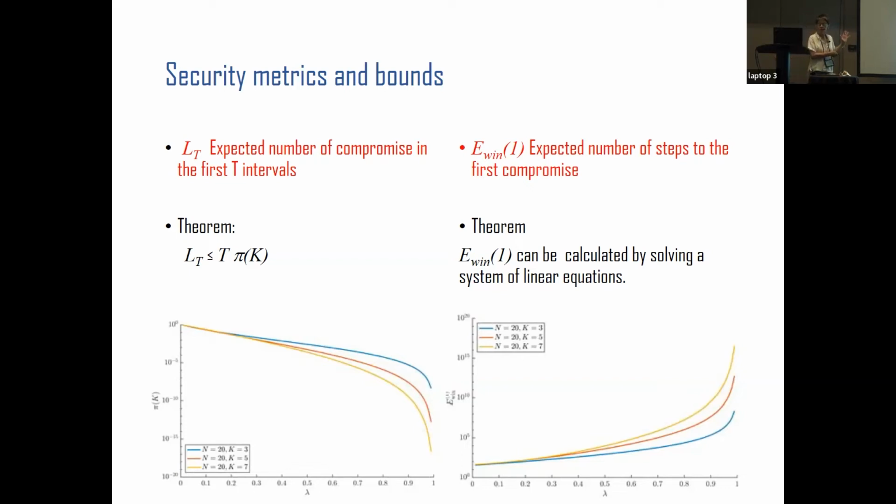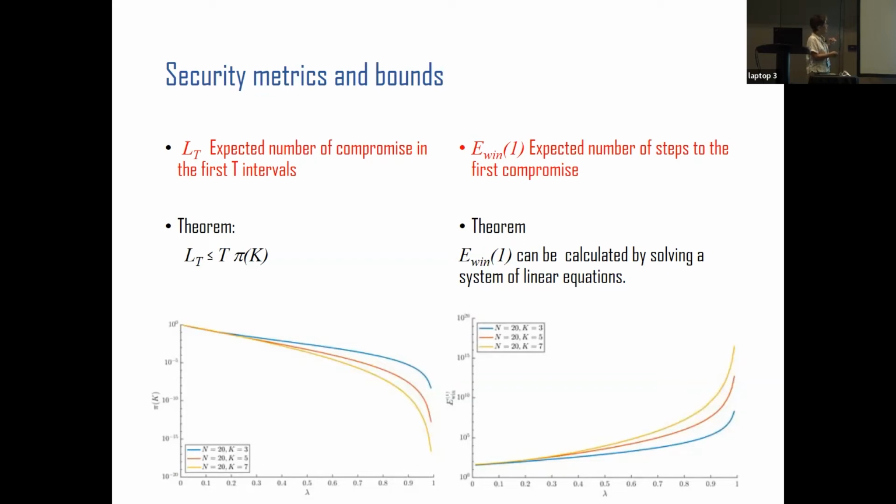When you graph this system, you can show these theorems fairly easily, not with much problem. These two measures can be derived from your Markov model, the transition matrix that you have, and when you graph it, you will see that the higher the probability that the defender moves in each time slot, the more the security increases.